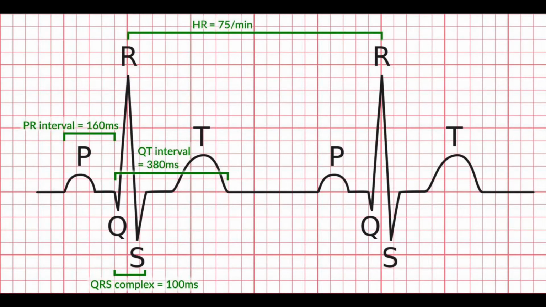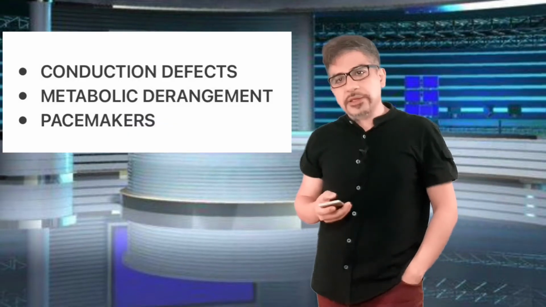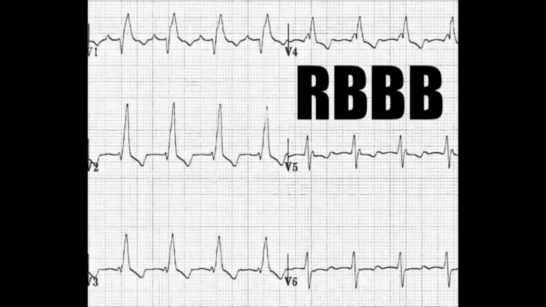Too wide is not normal. Remember, the normal QRS width is about 2.5 small squares. Conduction defects, metabolic derangements, and, of course, pacemakers broaden your QRS complex. Examples of conduction defects include bundle branch blocks, right or left.